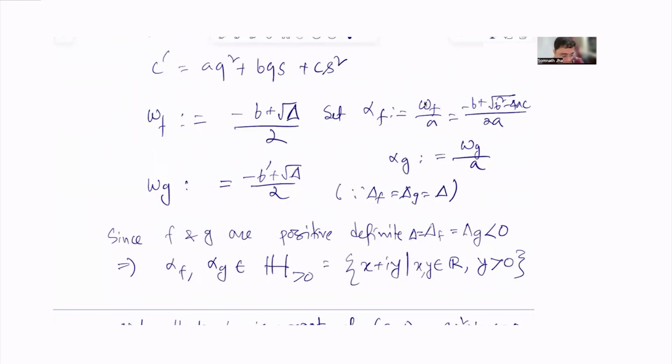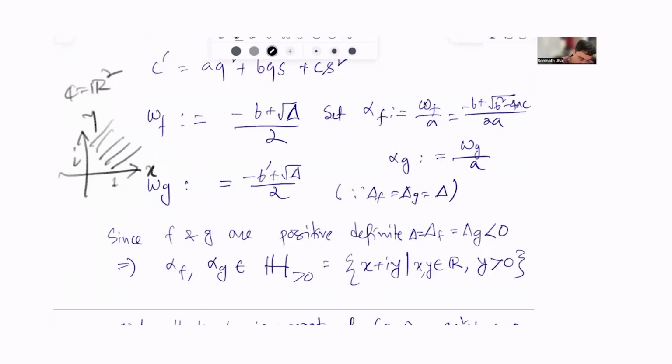So this is called the upper half plane. If you draw the picture, maybe like this: this is the x-axis, this is the y-axis, if you view C as R2, and this is the iota axis.